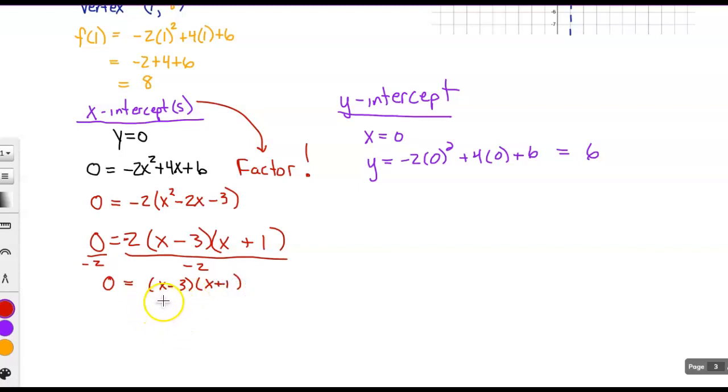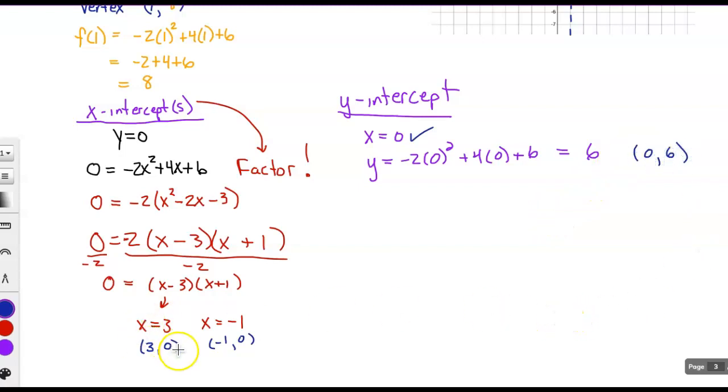And so then you get x equals 3 is one of your x-intercepts, and x equals negative 1 is the other. Now, if she has you write these as ordered pairs, you would write (3, 0), because y is 0, and (negative 1, 0). And then if she has you write your y-intercept as an ordered pair, x is 0, so this would be (0, 6).